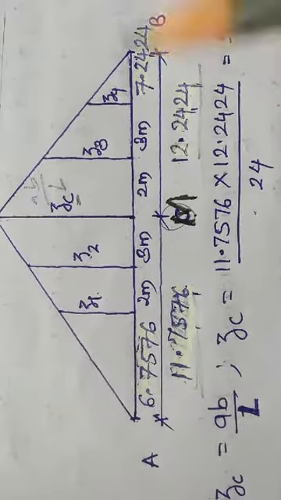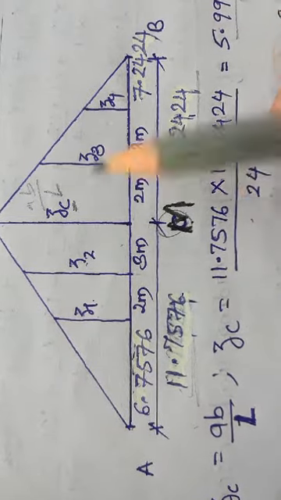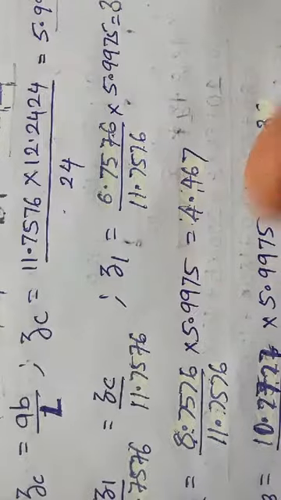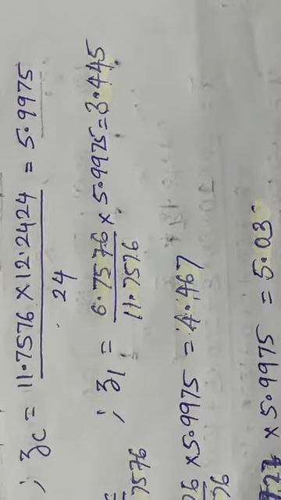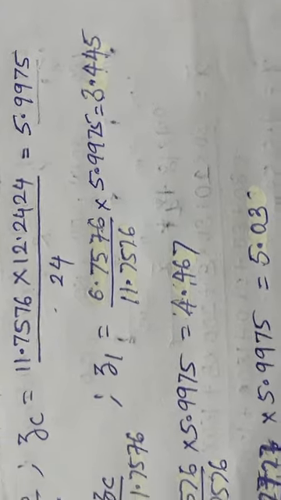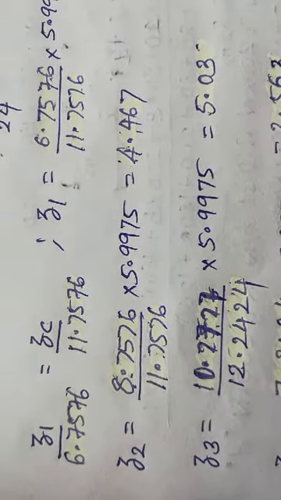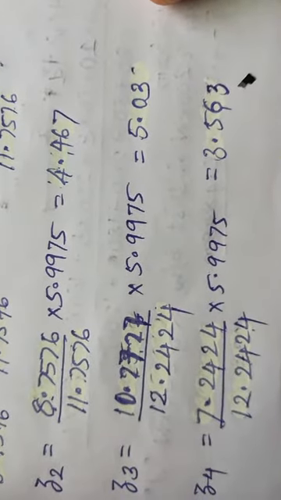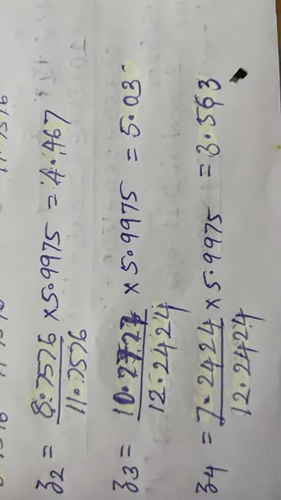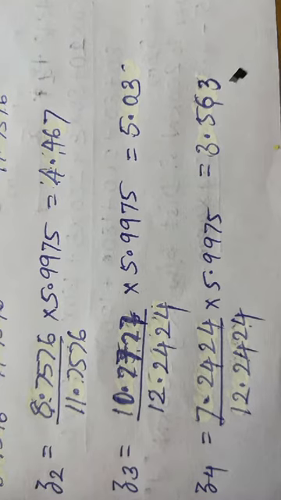Now let us calculate the other ordinates, that is Z1, Z2, Z3 and Z4, by using similar triangles. I got Z1 as 3.445, Z2 as 4.467, Z3 as 5.03 and Z4 as 3.563.